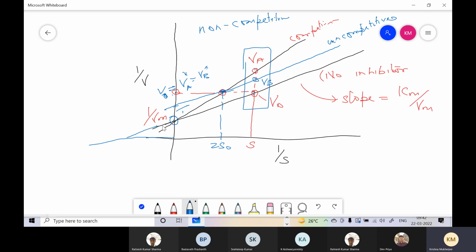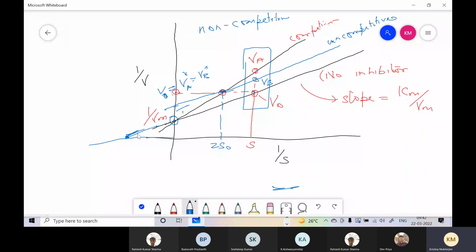And remember, non-competitive inhibitors meet at the x-axis, unlike the competitive inhibitors which meet at the y-axis, and uncompetitive which are parallel. And so the line that you will draw, and now this is a poor drawing, will be like this.